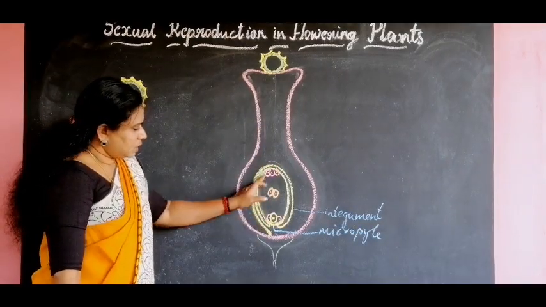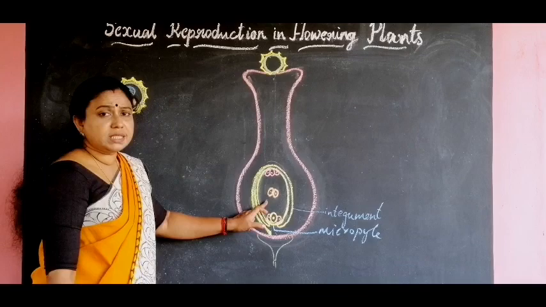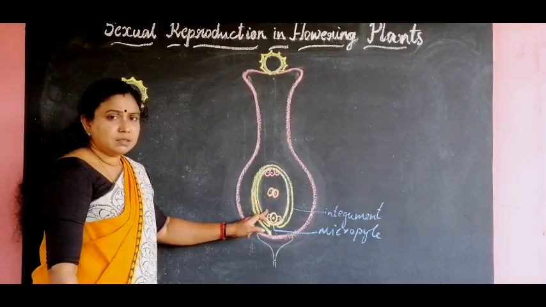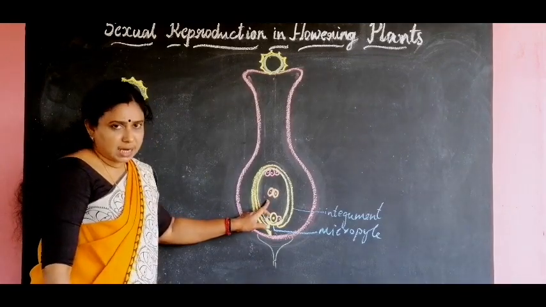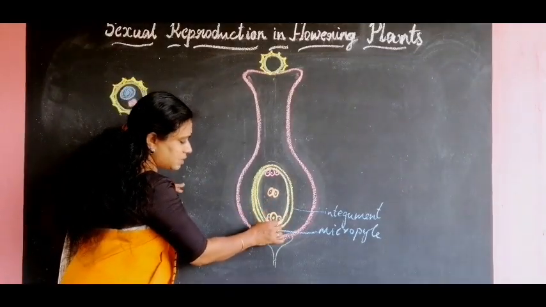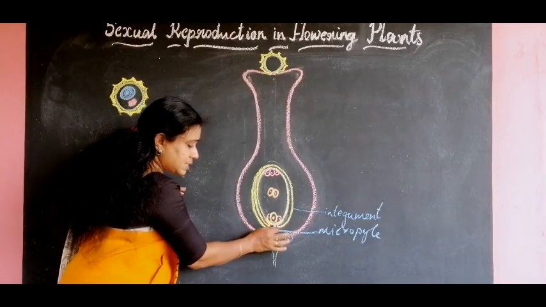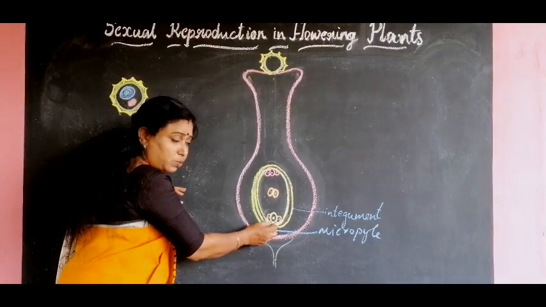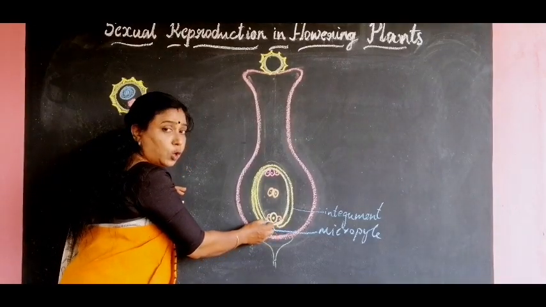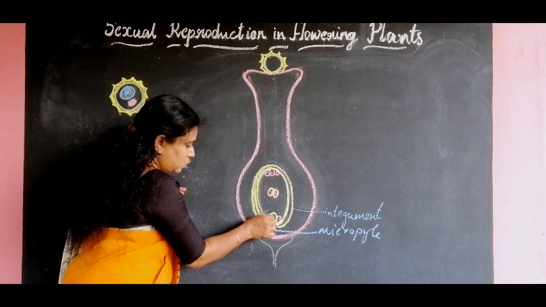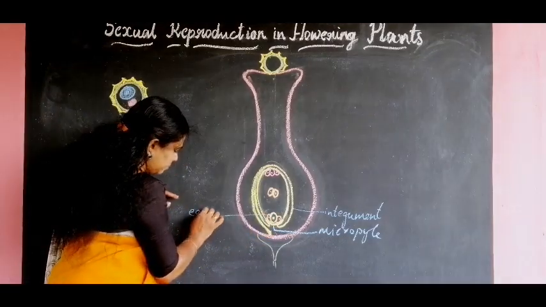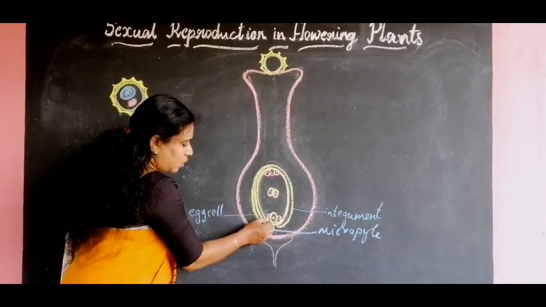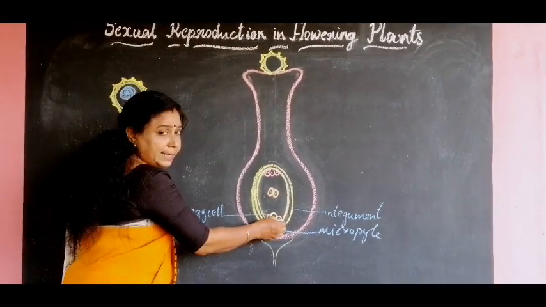Now, this ovule is otherwise called the embryo sac. This embryo sac consists of numerous cells. It consists of an egg apparatus which contains an egg cell associated with two subsidiary cells called the synergids. So this is the egg cell, or female gamete, and on either side there are two synergids.